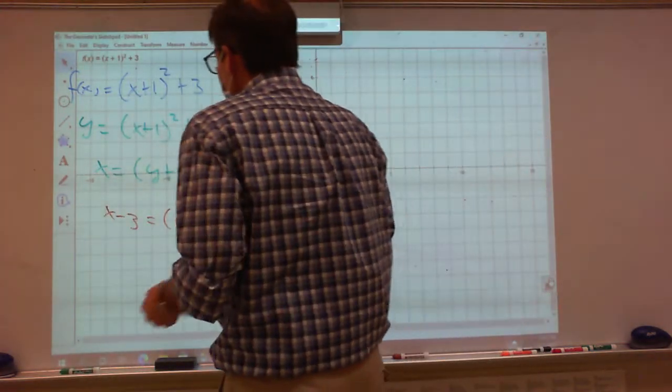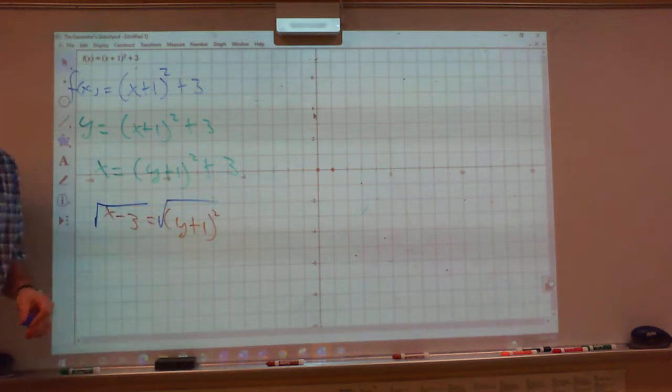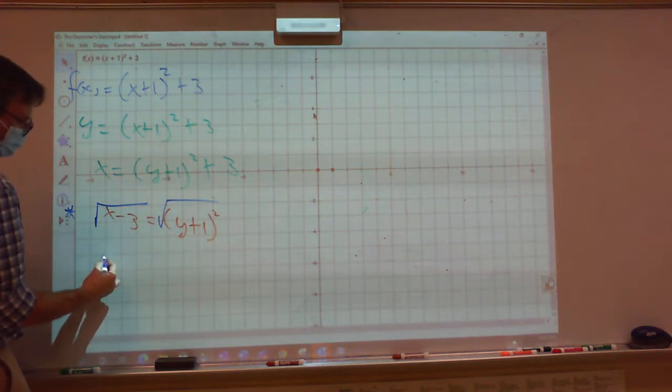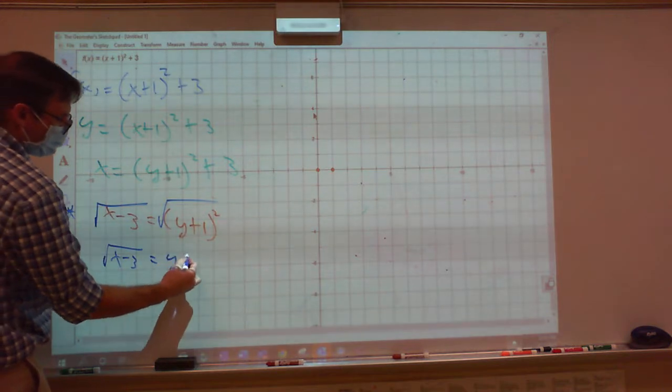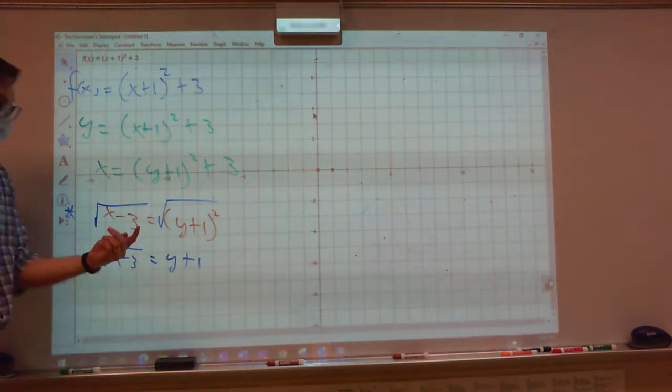Take the square root of both sides. So far, so good? I'm going to put a star here because something weird's going on. So now that gives me the square root of x minus 3 is equal to y plus 1. So to get y by itself, what do I need to do? Subtract 1.